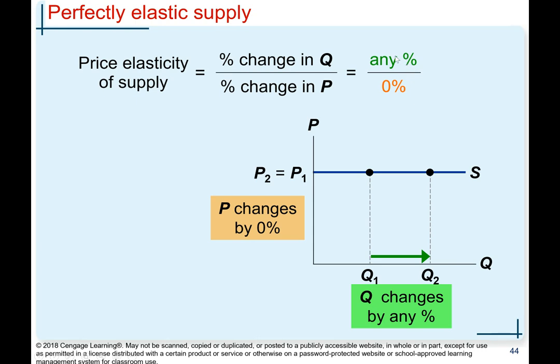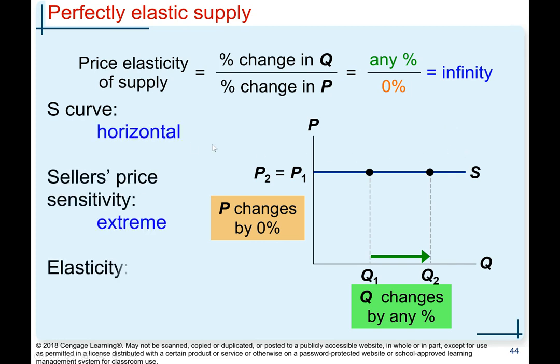Any quantity change divided by 0% is going to give you infinity. That means the supply curve is horizontal. The seller's price sensitivity is extreme, an infinite response, at least theoretically, and elasticity is infinity.